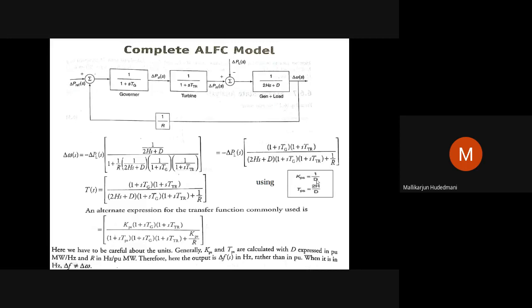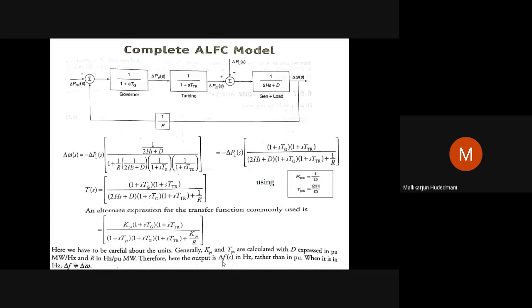So here 1 by D becomes Kps, and Kps by R. So here comes 1 by D. When I take D outside, D has to come over here: 1 by D, 1 by D equals Kps by R, and D comes out, and wherever there was a Tps possibility, I substituted Tps here. It means replacing this H and D in terms of time constant and gain is done by this function. This is how it makes the shift, and we can revise this as a transfer function of the ALFC model.